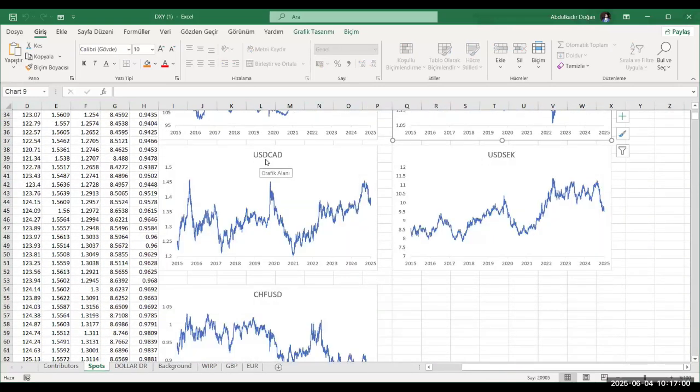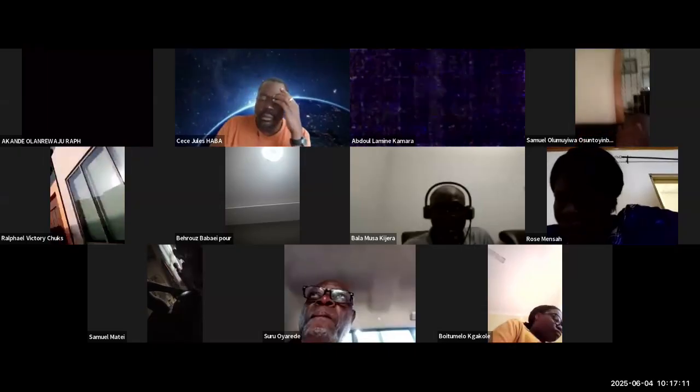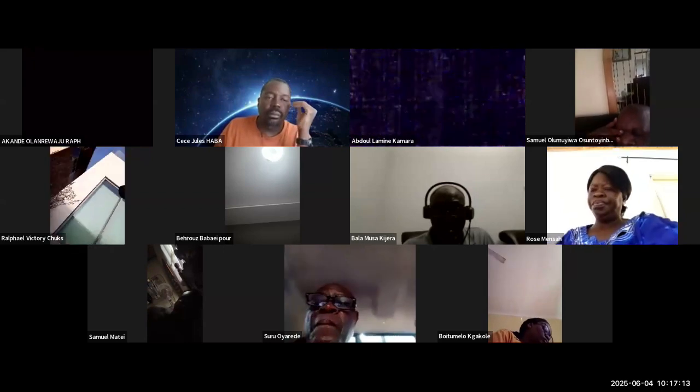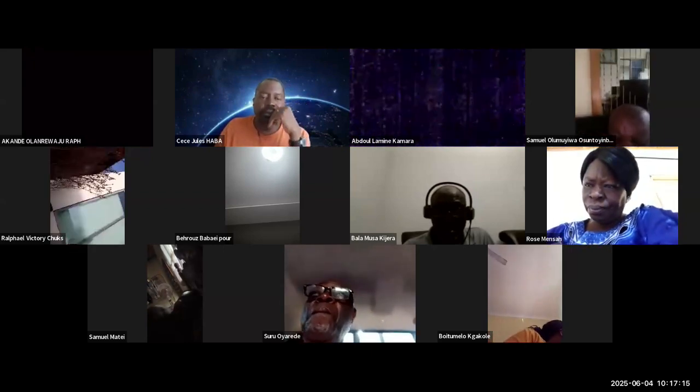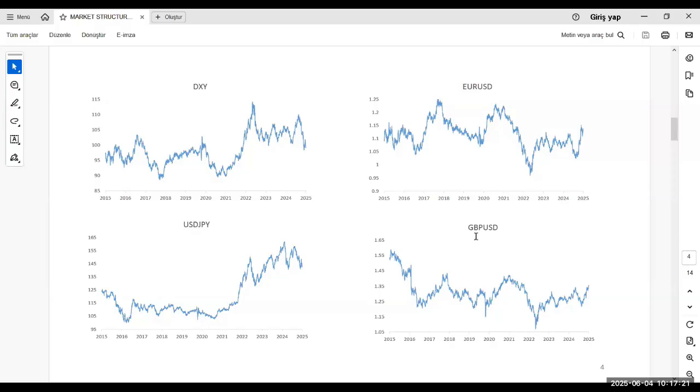Please look at this one: United States dollar against the Canadian dollar, United States dollar against the Swedish krona, or Swiss franc against the United States dollar. Now I'm taking the biggest ones that we speak about, approximately 80% coming from Euro, Japanese Yen, and GBP, right?